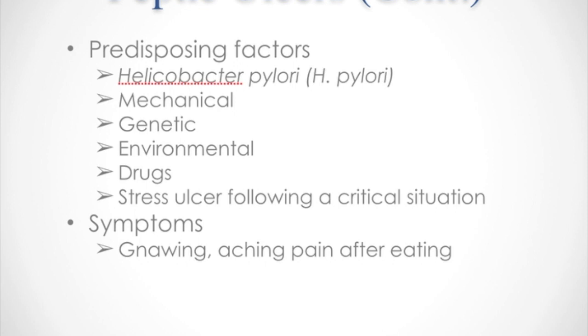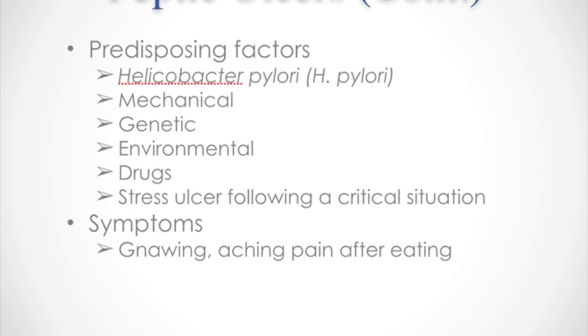There are some predisposing factors, and the nurse needs to assist patients in identifying possible causes for ulcers, and then we need to teach them ways to alleviate it. Some of the predisposing factors are listed here on this slide, and you can read about them more in your textbook. The one I want to touch base on is H. pylori. That is a bacteria, and it is linked to the development of peptic ulcer, and it's also known to cause gastritis, gastric ulcers, and duodenal ulcers.